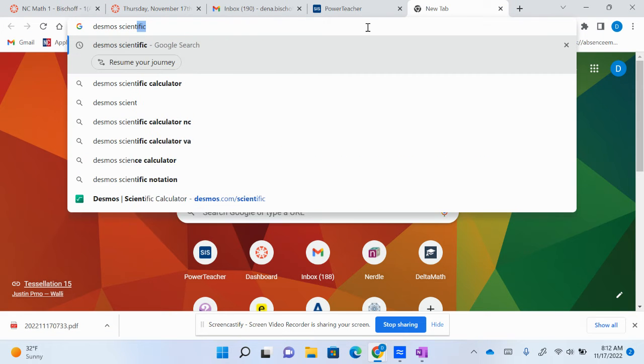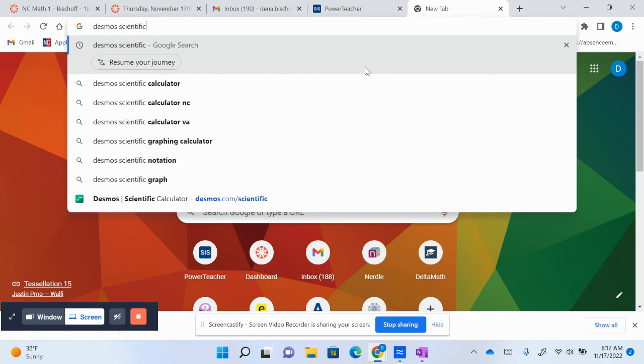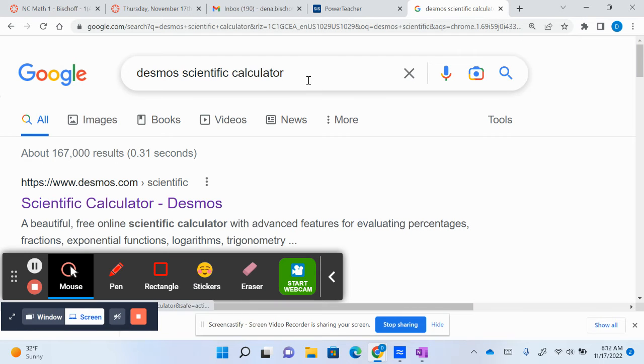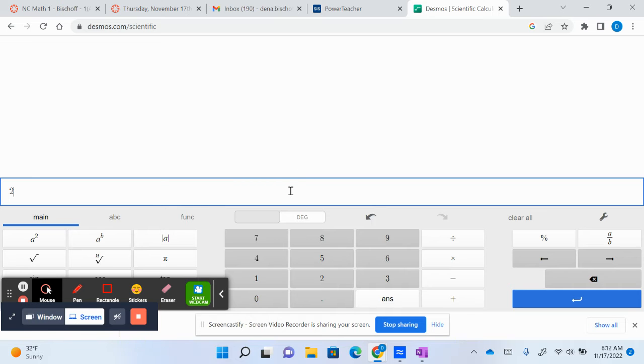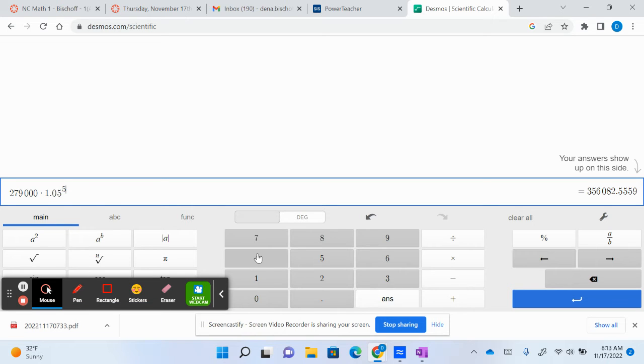Desmos Scientific. So 279,000. I'm going to use a parenthesis, but I could use the times button, right? And I have 1.05 raised to the power of 5. So what's the value of my house? Just to the nearest whole dollar.